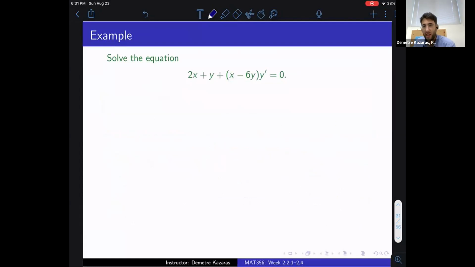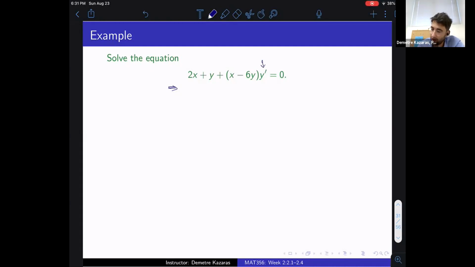So let's try and do this in practice. We've got an equation like this: 2x plus y plus (x minus 6y) times y prime is 0. Notice this isn't in the differential form language yet.